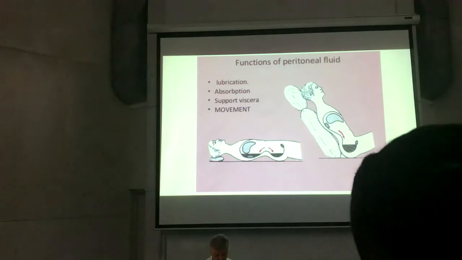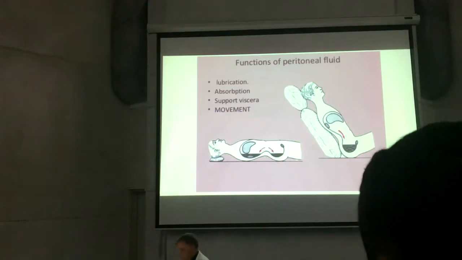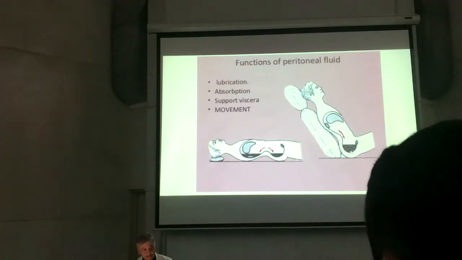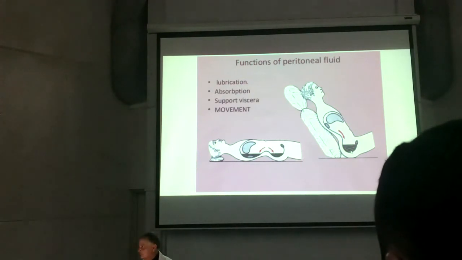Now, if this patient has a collection of fluid in the abdomen, we have to put him in bed in a semi-recumbent position. It's called Fowler's position. So that any collection of fluid goes to the pelvis. So we can easily take it out.